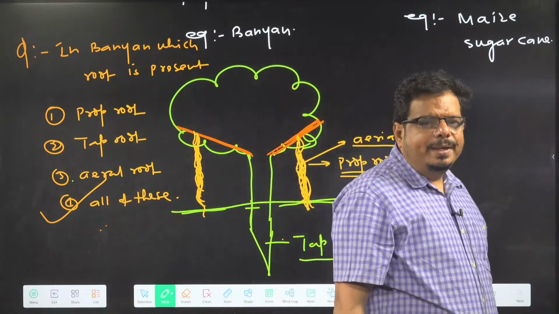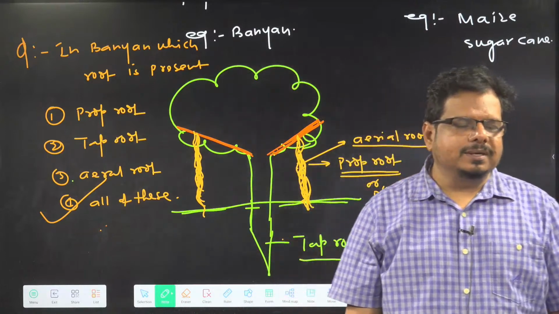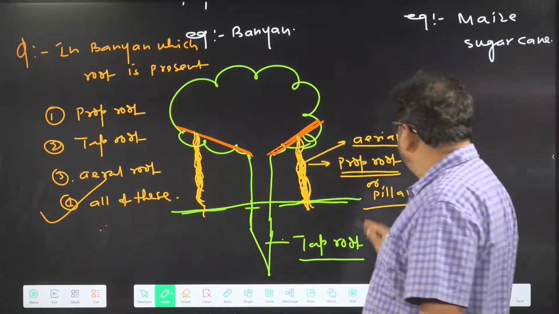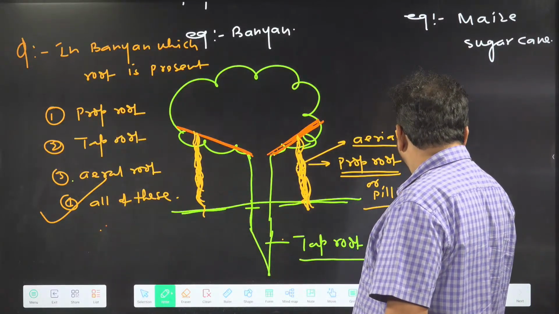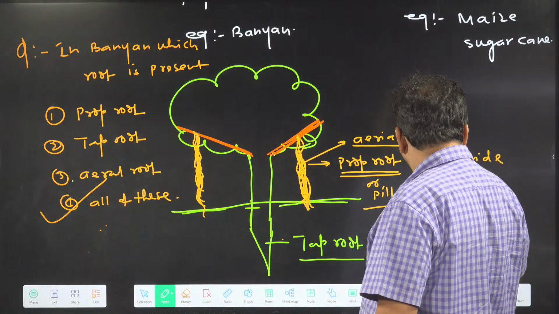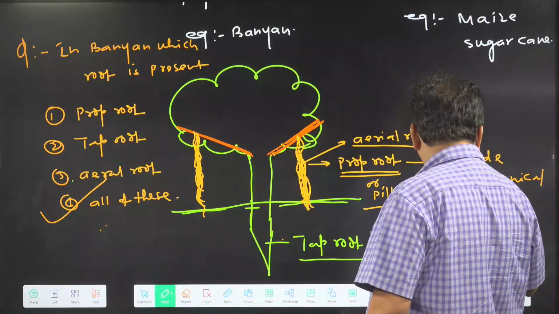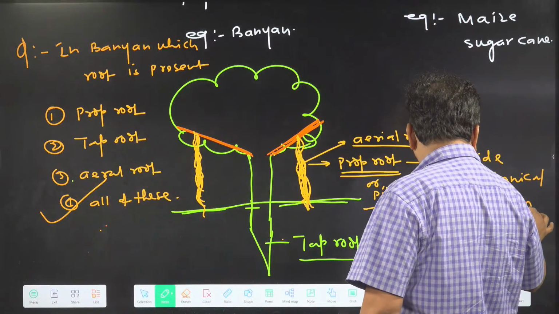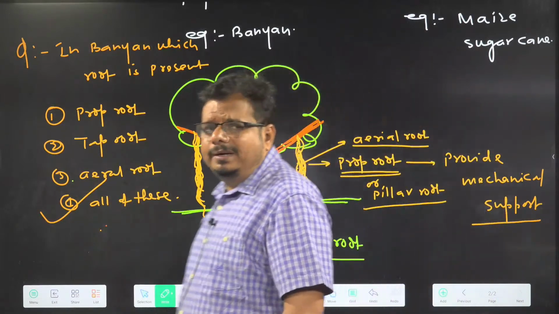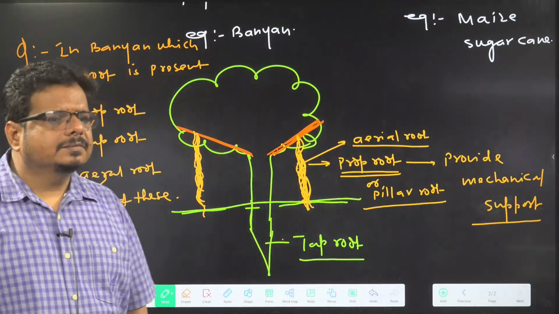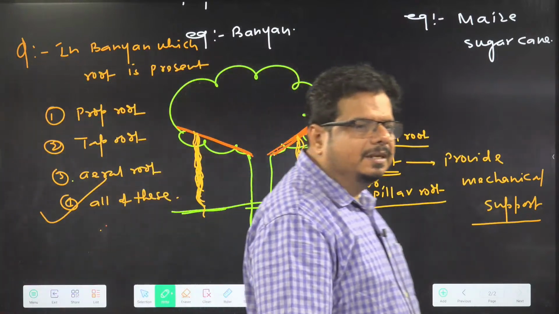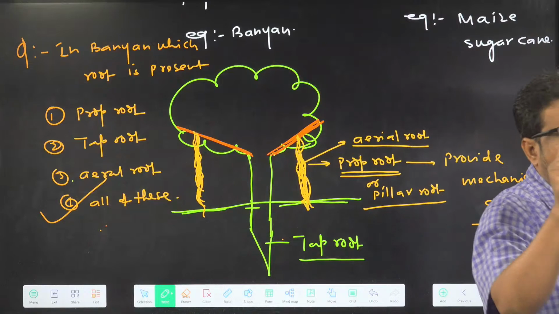Prop root. Now we are going to talk about stilt root. So the function of the prop root is what? Provide mechanical support. Is it clear? It is done. Over. Can we move ahead? See, all basics is there.